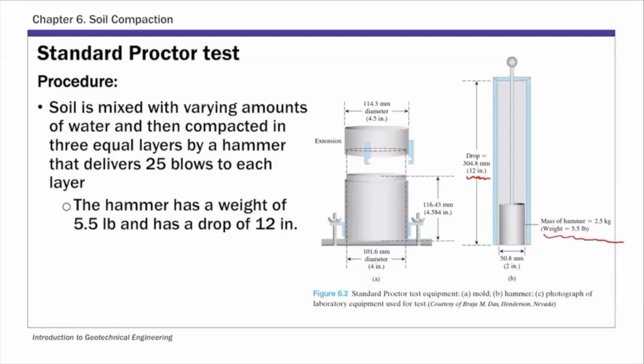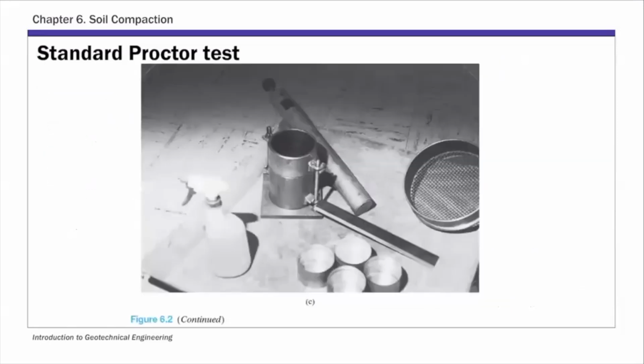You compact soil with different moisture content in 3 equal layers, and for each layer, you use the hammer to deliver 25 blows to compact the soil. So that's the procedure of the standard Proctor test. And this is a picture of the equipment, something you're going to use when you conduct this test in the lab.